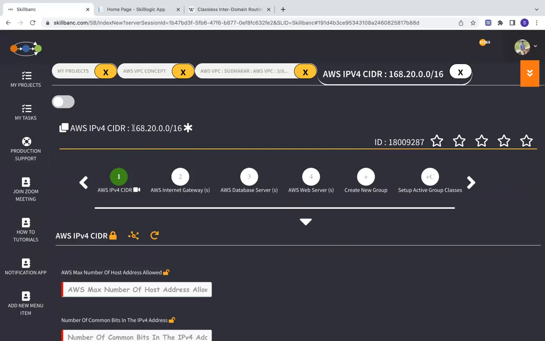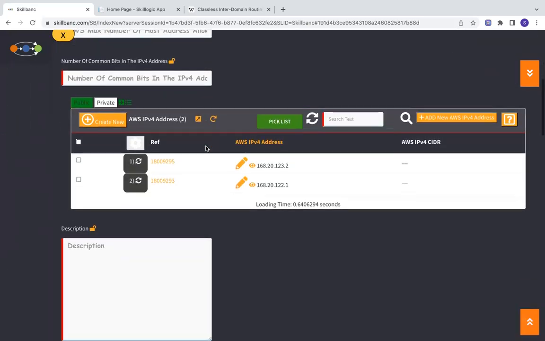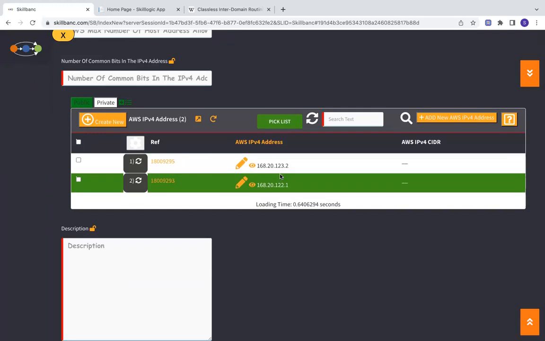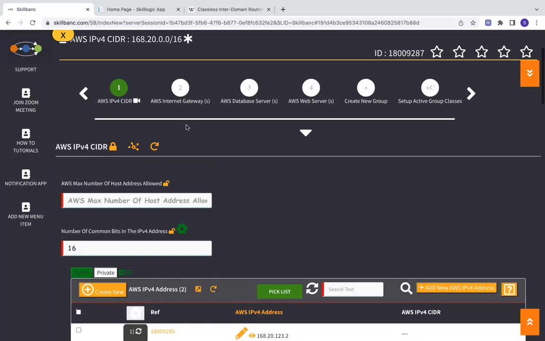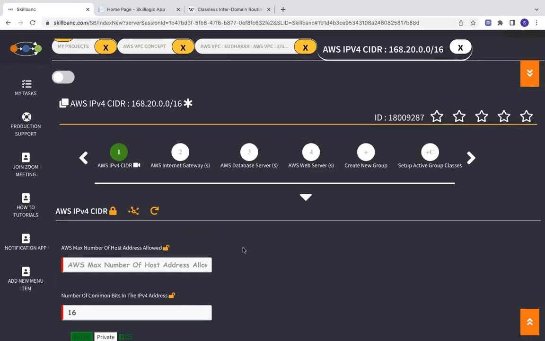What I want to really emphasize is that 16 bits should be common in this subnet. The number of common bits in this IPv4 address would be 16, obviously. So whatever that /16, it will be there.